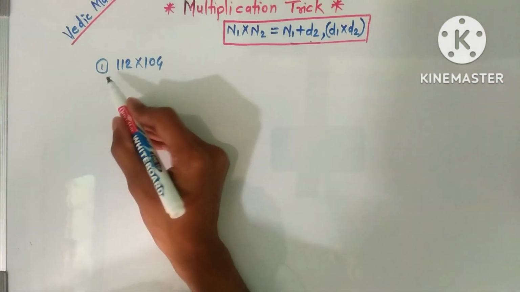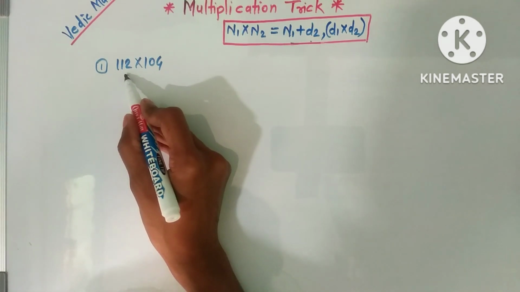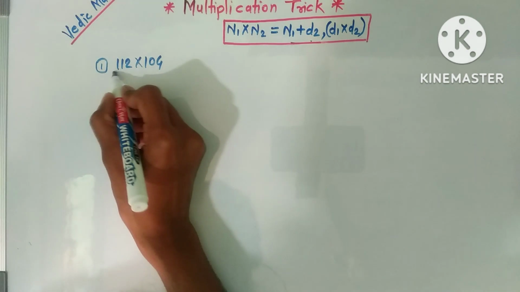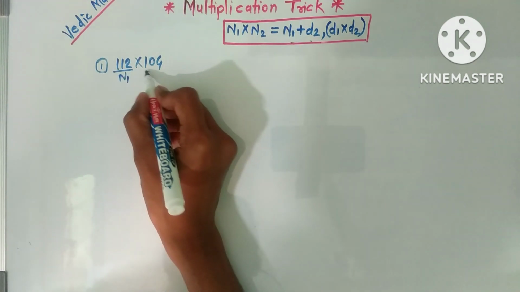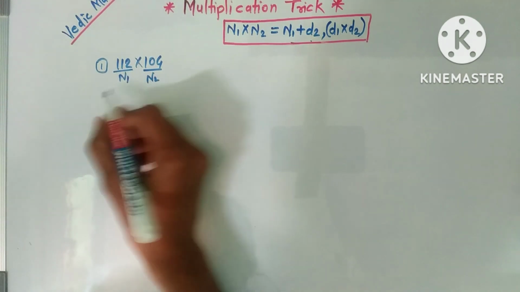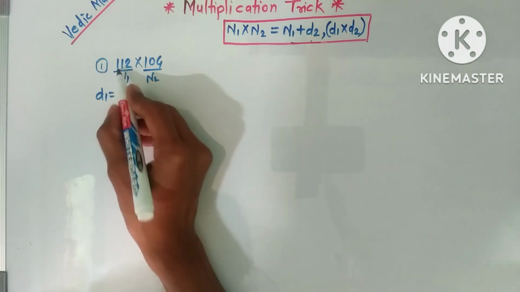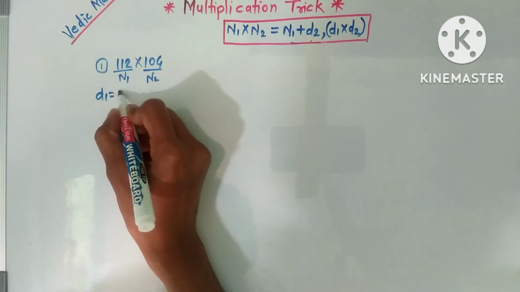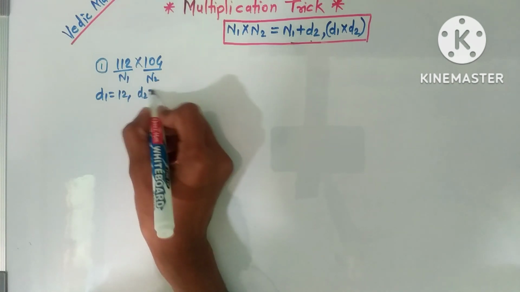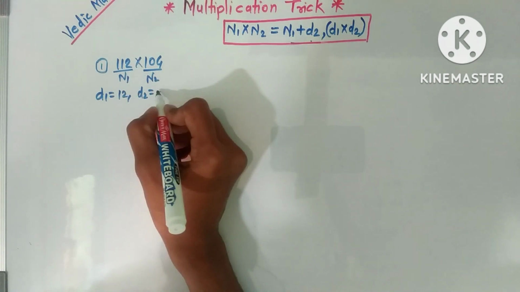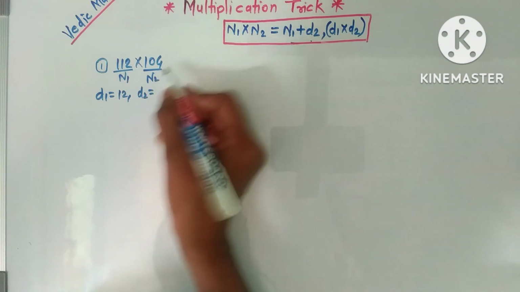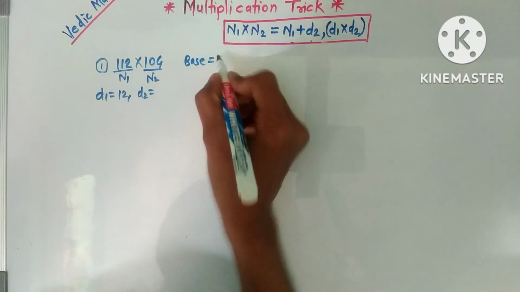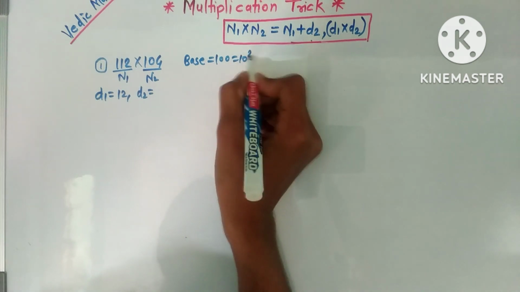Now see here, we took one example, 112 into 104. Here our N1 is 112 and N2 is 104. So what is D1? N1 minus 100, that means 112 minus 100 means 12. What is D2? Here both these numbers are near to 100, that means our base is 100, that means 10 raised to power 2.